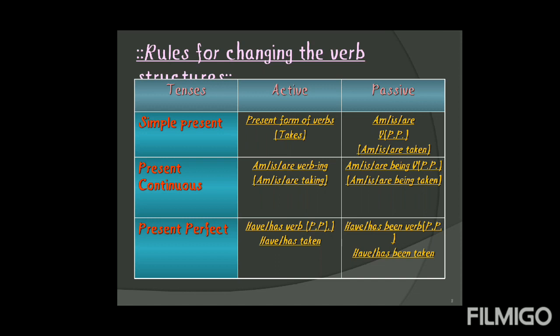So whenever you look at the verb structure, it will tell you which voice the sentence is in, whether the verb is with active structure or with passive structure. What happens most of the time, students follow the word "by." If there's "by," they consider it passive, and if there's no "by," they consider it active.